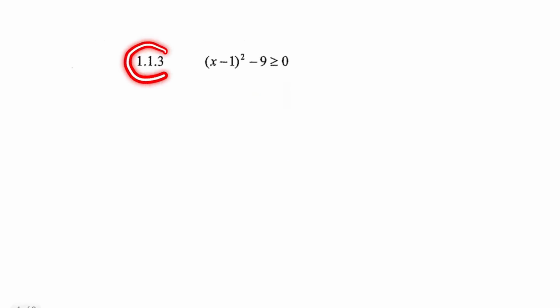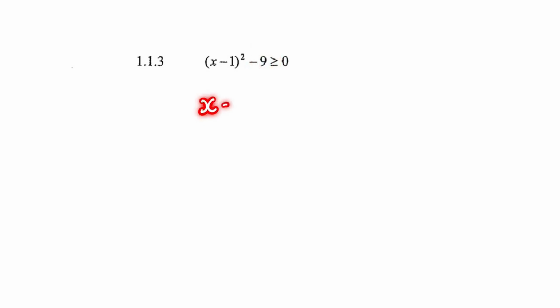Question 1.1.3. Here we have (x minus 1) squared minus 9 bigger or equal to 0. Now there are 2 ways to solve this. The shorter way would be to identify that this first bracket is a square, and that 9 is a square number as well.